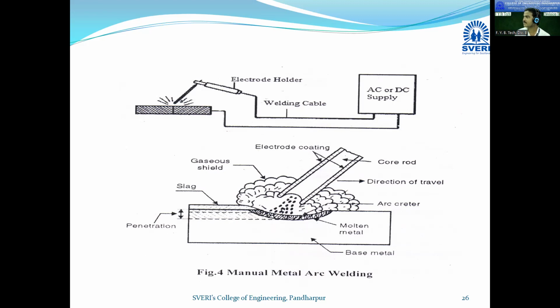Okay, so compulsory we have to wear the safety devices like goggle, apron, shoes, etc. If you go in the welding shop, compulsory we'll have to wear the shoes as well as the goggle. Otherwise, it will be harmful to our eyes and our body. If you will not wear the safety devices, definitely it is harmful. So this is also one kind of a disadvantage of this arc welding process.